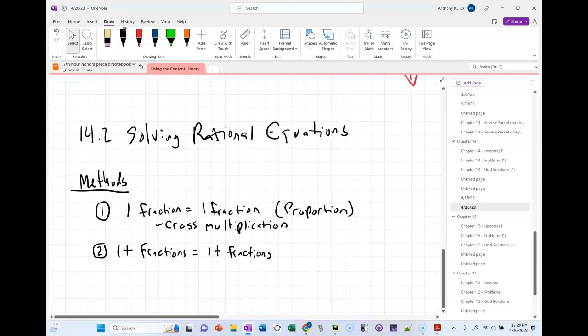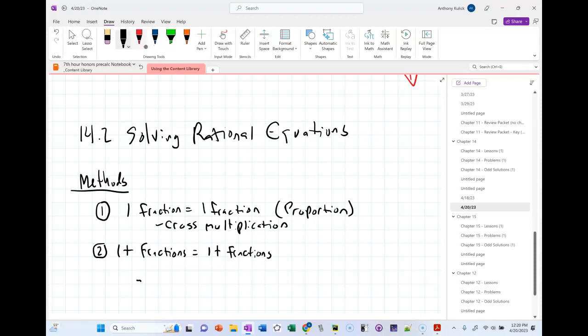If I have one or more fractions equal to one or more fractions, what can I do here? Well, no, that just would be one fraction. If you have fraction times fraction, that's just one fraction. Plus fraction. Yeah.